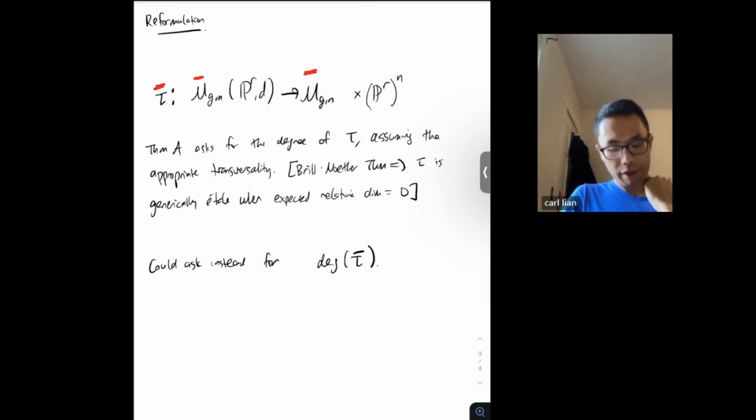But when I do this, there's now a well-understood problem with this proposal, which is that by adding a bar over M_{g,n}(P^r,d), I've almost always introduced components that are too large.